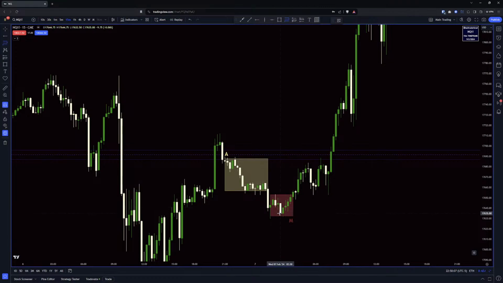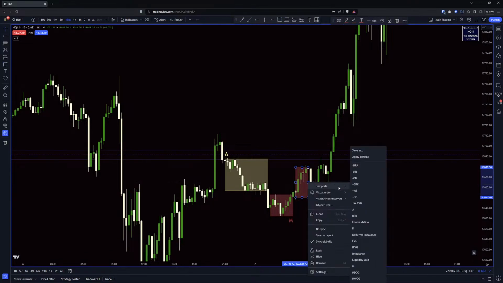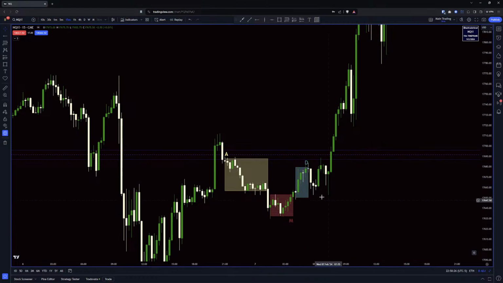So we project that out. Let's do this again. We project out the -2 and we say, okay, we have a little distribution to -2. And then we go into a small accumulation phase.